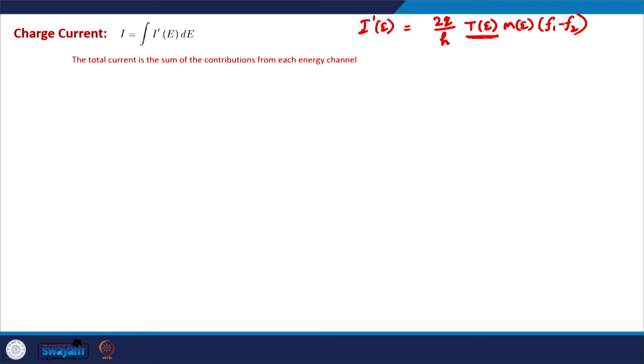TE accounts for the scattering transmission coefficient, ME accounts for the modes in the semiconductor, the conduction pathways in the channel, and F1 minus F2 is the forcing function for the current. Q is the fundamental charge unit, and if we do not have Q, it just becomes the particle current, the number of particles flowing per unit time. The total current is the sum of contributions from each energy channel, so we need to integrate this I prime E. The total charge current I is given by the integration of this.